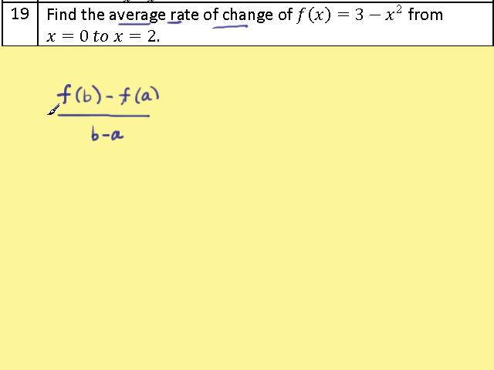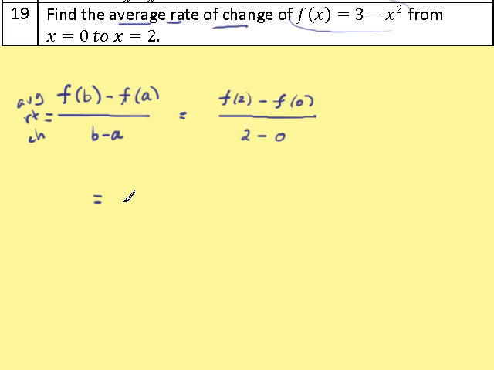All right, so that's the average rate of change from a to b. So now we're looking at this function, and we're looking at 0 to 2. So in our case, this is equal to, okay, first 2 minus 0, I'll put that here, and f of 2 minus f of 0.